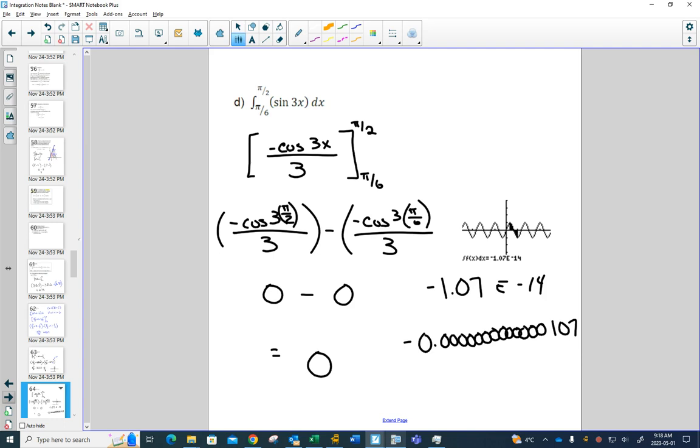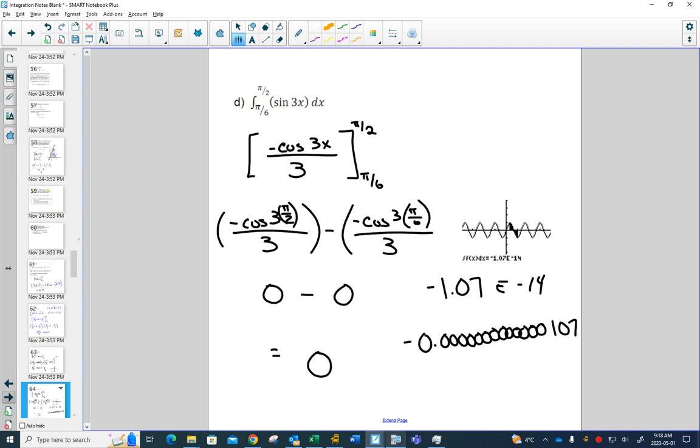We use calculus and we found out it is supposed to be exactly 0. So depending on where your calculator started and when it tells itself it's close enough and how much memory it has, different calculators will get different values for this. And some of them might even say 0 sometimes.